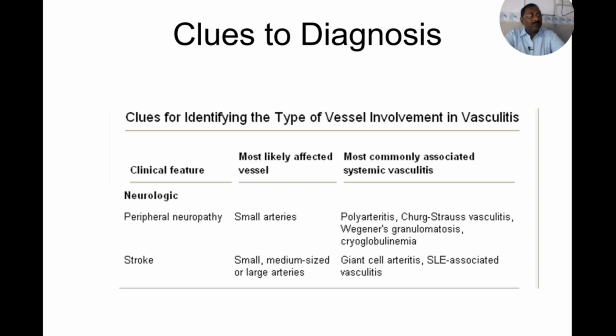Peripheral neuropathy: because of small artery involvement, the most commonly associated systemic vasculitis cases are polyarteritis nodosa, Churg-Strauss vasculitis, Wegener's granulomatosis, and cryoglobulinemia. Stroke, young stroke, may be because of small, medium-sized or large arteries involved here, such as giant cell arteritis or lupus associated vasculitis.